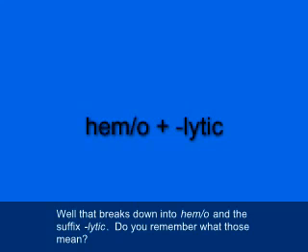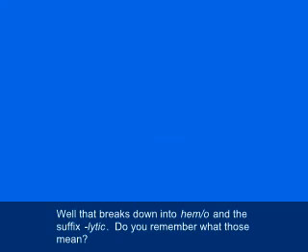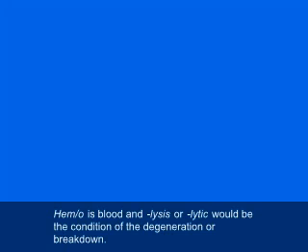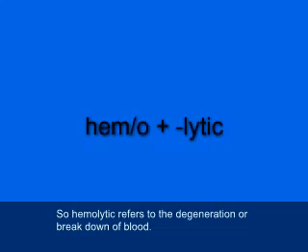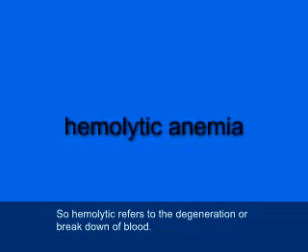And do you remember what those mean? Well, hemo's blood, and lysis or lytic would be the condition of degeneration or breakdown. So hemolytic refers to the degeneration or breakdown of blood.